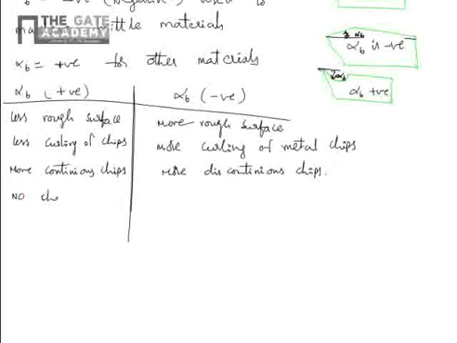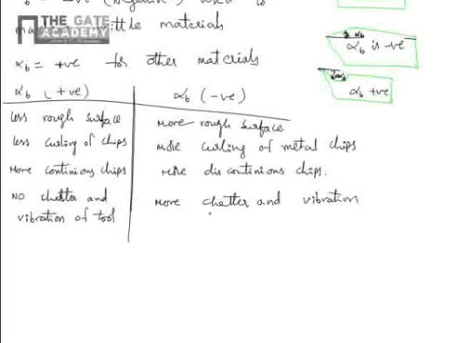No chatter and vibration in the tool. These are major differences between positive rake angle and negative rake angle.